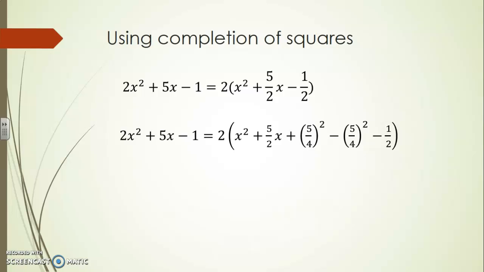So half of 5 over 2 is 5 over 4, which is going to be squared and added, as well as squared and subtracted from the expression that we have. Notice that in the second line, the outcome of x squared plus 5 over 2 x plus (5 over 4) squared minus (5 over 4) squared minus a half is identical to what we had previously, just presented differently.